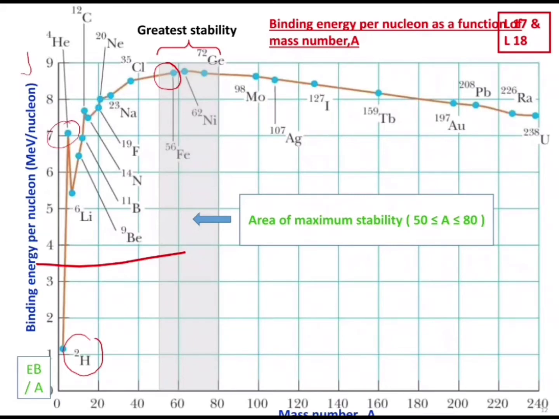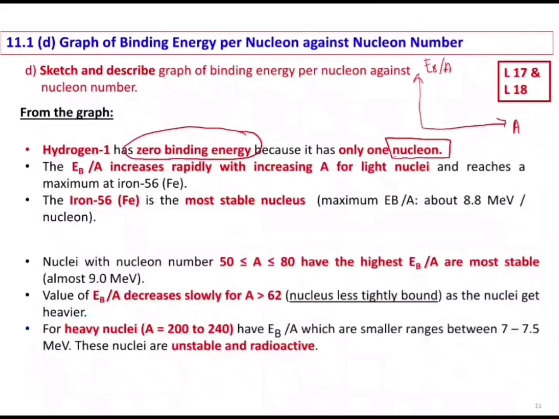What does that mean? If you look here, there is a shaded grey area. In that shaded or grey area, the nuclei are more stable. For ferrum 58, it has about 8.8 MeV per nucleon, which means it is very stable.